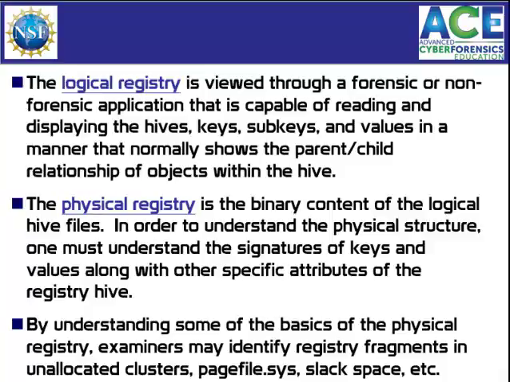So in order to understand the physical structure, you have to understand the signatures of the keys along with the values that exist within the physical structure of the hive file itself. This is one of the topics that we'll cover at the end of this lesson so that you have a better understanding of the physical content inside of the hive files and how to recover that data if you find something relevant to your investigation through a keyword hit or any type of manual analysis that you may uncover.